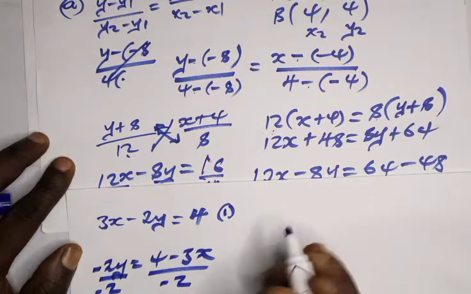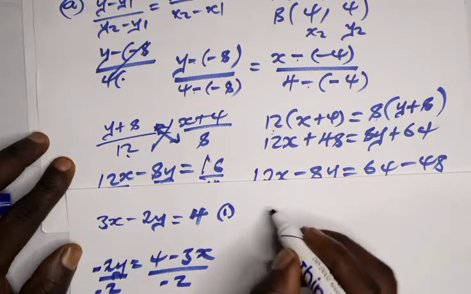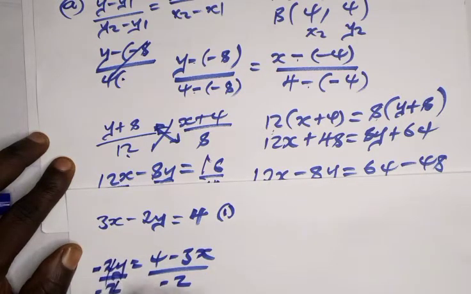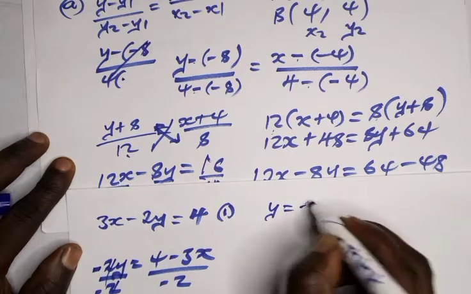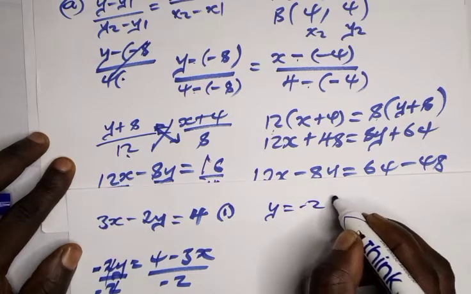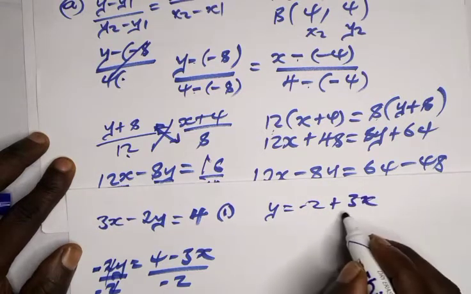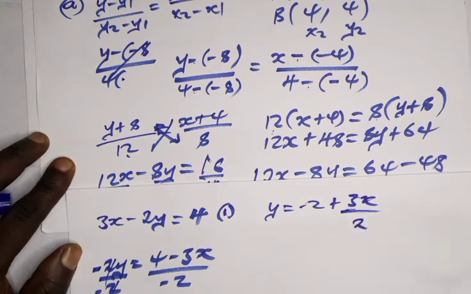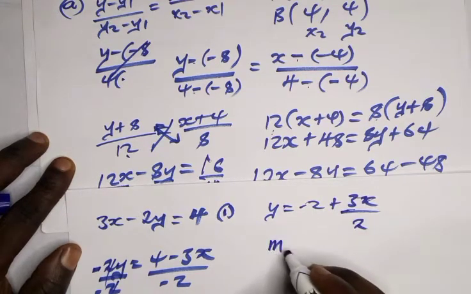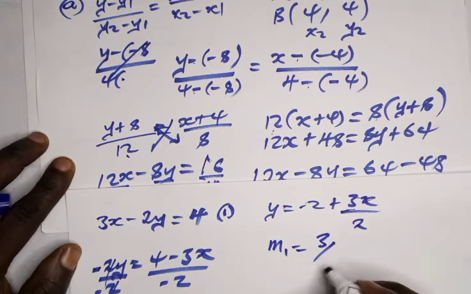Then y equals negative 2 plus 3x over 2. So our gradient m1 is 3 over 2.